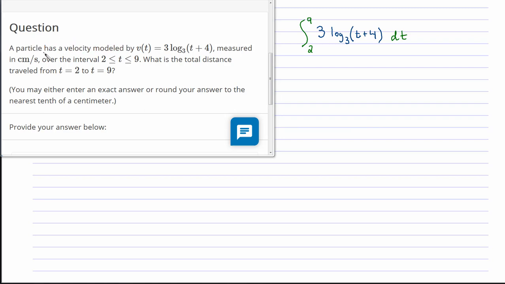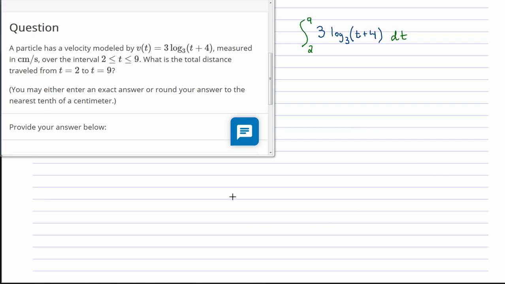If you have a keen eye, you will say, wait, Travis, the question's not asking us for the net change in position, it's asking us for the total distance that's traveled. And that's slightly different, right?